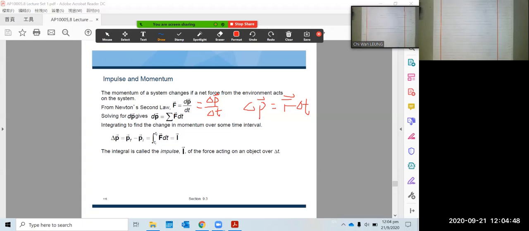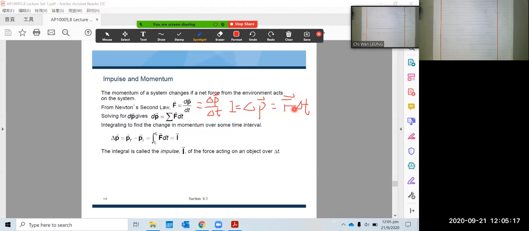This is the idea of impulse. Impulse is a measurement of the change of linear momentum. Impulse is equal to the change of the linear momentum, and that is equal to the force times delta t. Now, what does that mean?